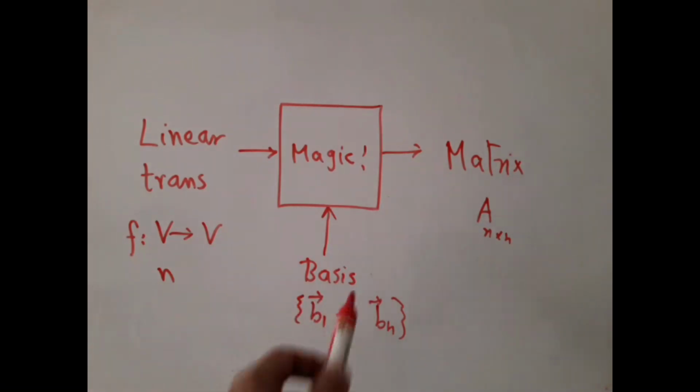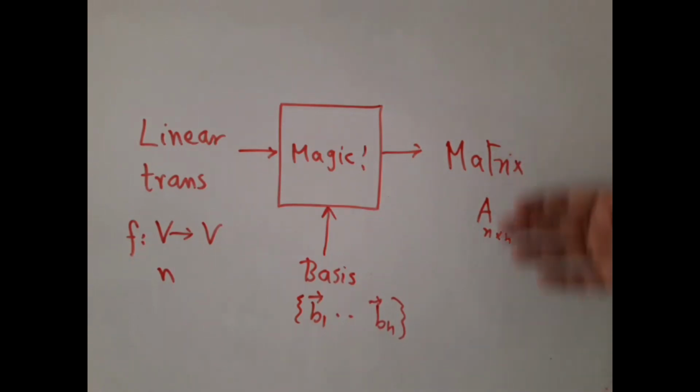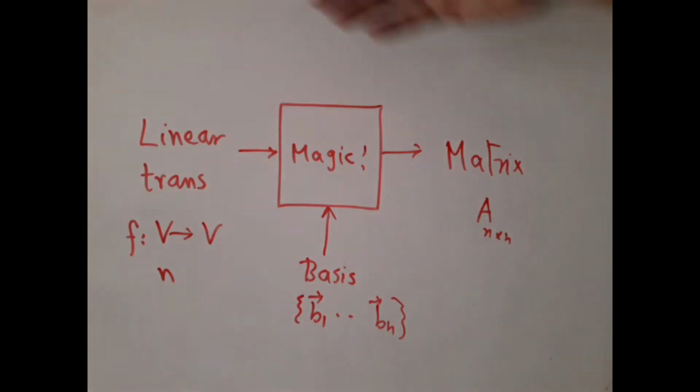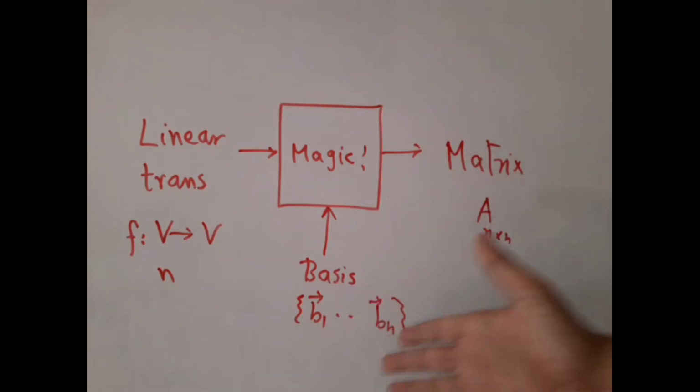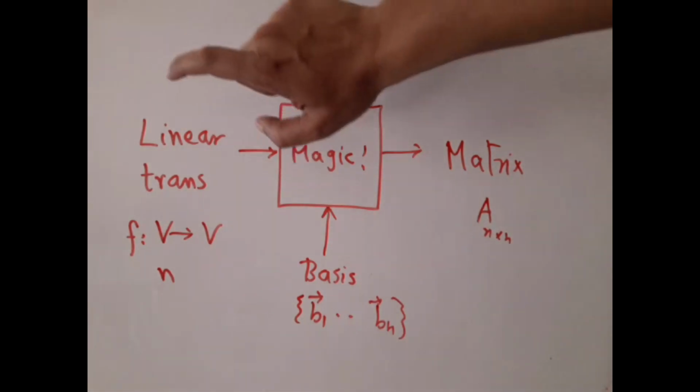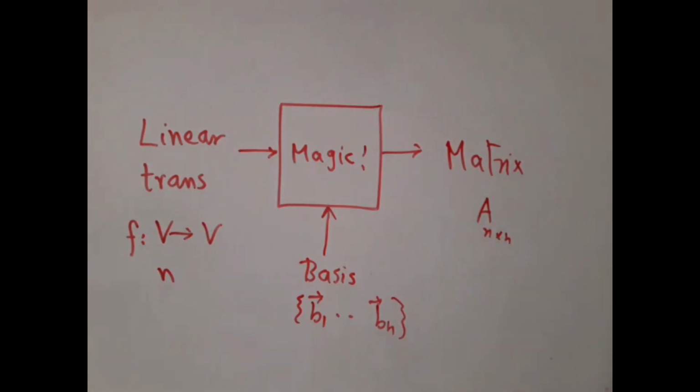So even if I change the basis and the matrix changes, I'm not changing the linear transformation. So when I look at different properties of the matrix, I am actually seeing a mixture of properties, some of them properties of the linear transformation and some of them properties of this arbitrarily chosen basis. Naturally, my interest lies in filtering out those properties of the matrix which are influenced only by the linear transformation, irrespective of the choice of the basis.